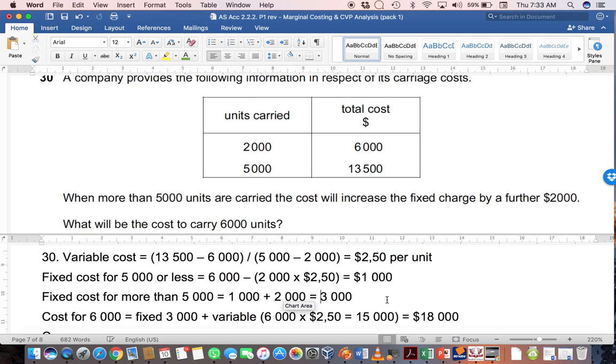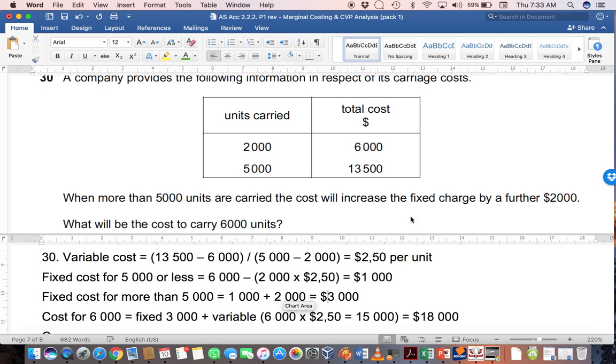We are then told that if we make more than 5,000 units, there is going to be an extra cost of $2,000, and therefore the fixed costs for more than 5,000 will actually be $3,000. So if you're then carrying 6,000 units, you're going to have a fixed cost of 3,000 that we've just worked out, plus a variable cost, which would be the 6,000 units times that $2.50, which is 15,000 total variable costs, and therefore your total carriage costs will suddenly jump to $18,000.